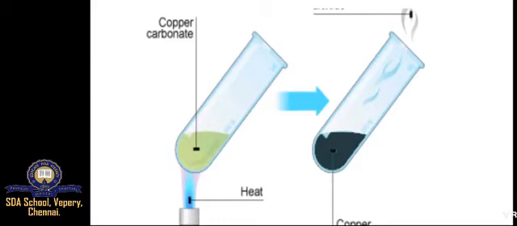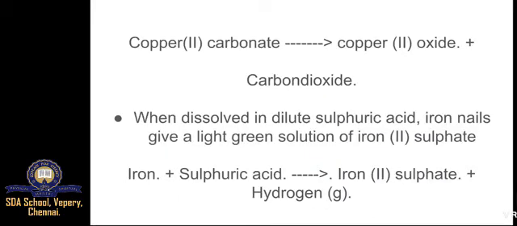When the color change is taking place, we can identify the reaction has taken place. So the word equation for this reaction: copper 2 carbonate, when it is reacted with the help of temperature, can form copper 2 oxide and then carbon dioxide. Carbon dioxide is obviously a gas. The carbon dioxide gas comes out. This is the word equation for the copper carbonate reaction.